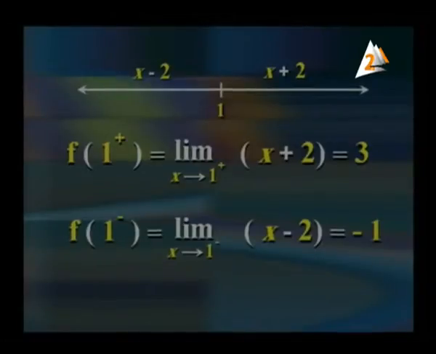Now f of 1 negative. We substitute in the function x minus 2 using x equals 1, so f of 1 negative equals negative 1. Remember, dear student, f of 1 positive equals 3 but f of 1 negative equals negative 1.